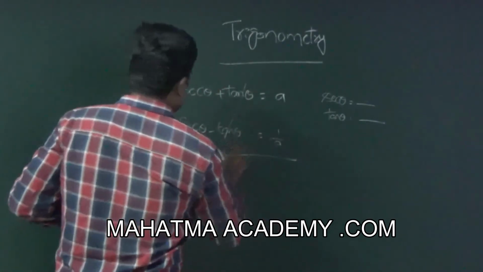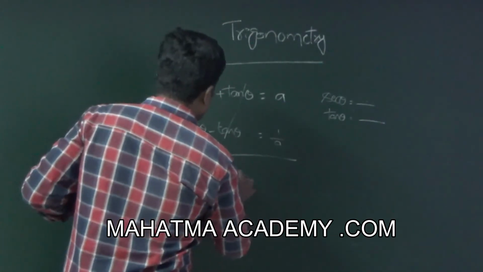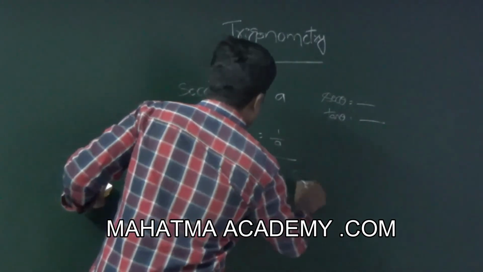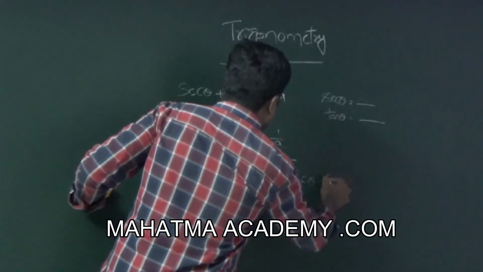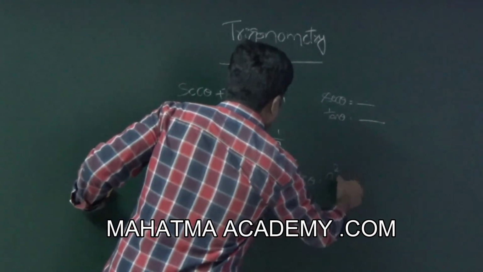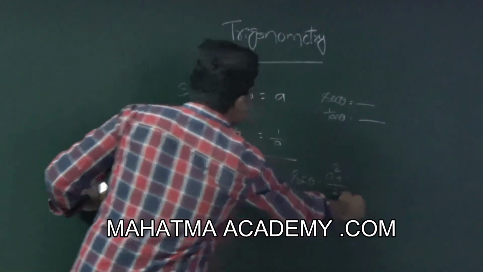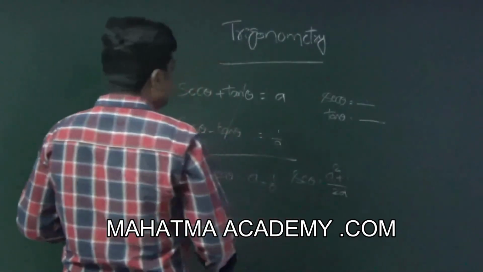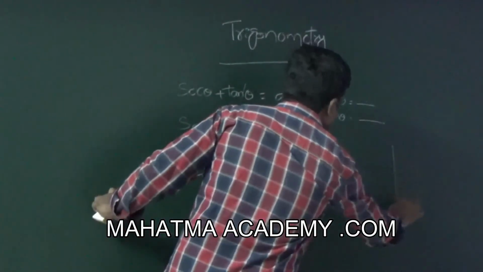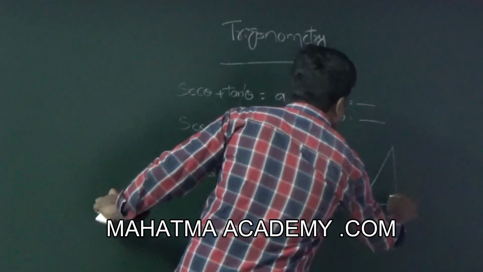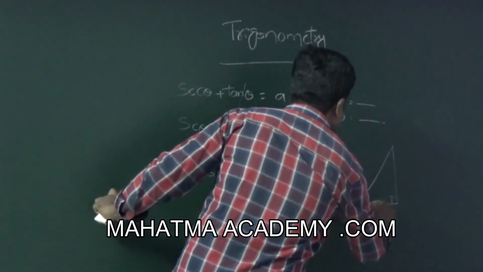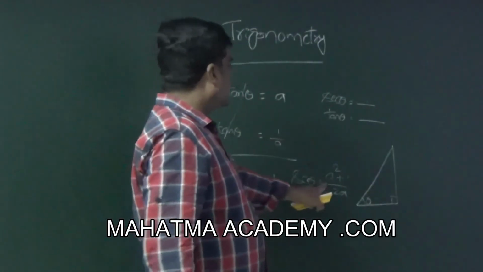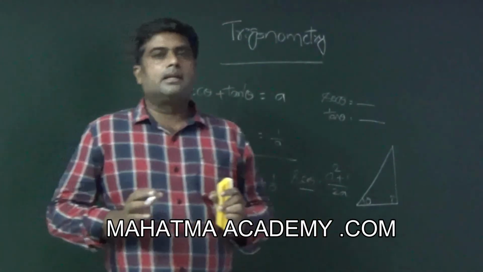Adding these, secant theta equals a square plus 1 upon 2a. This is the secant theta. Now tan theta: we can draw this right angle triangle, assuming this is theta. What is the basic formula of secant theta in terms of sides?